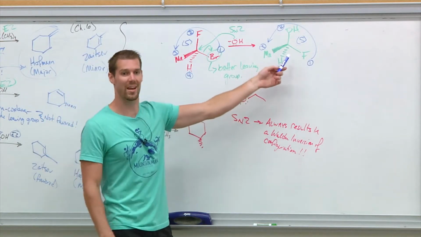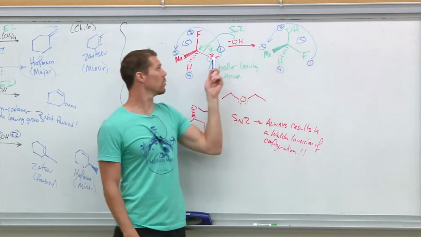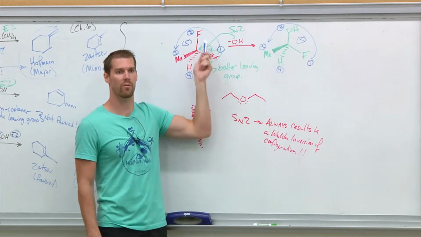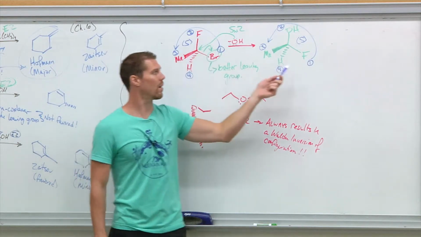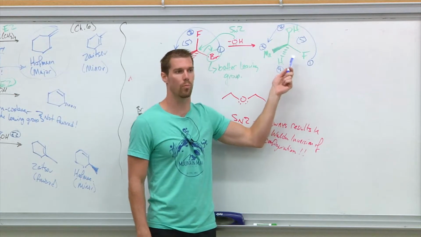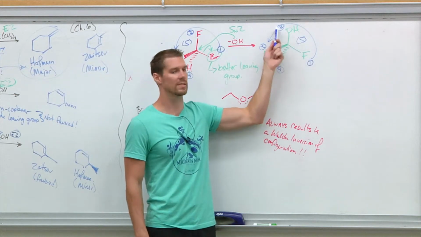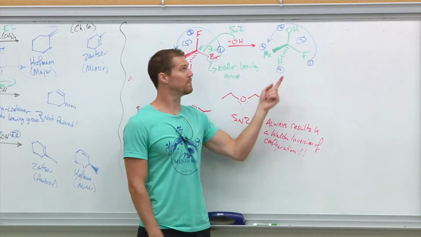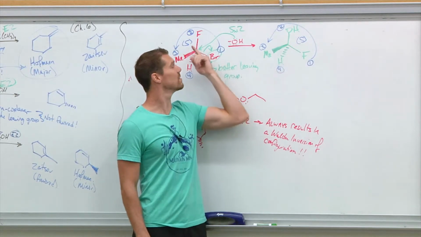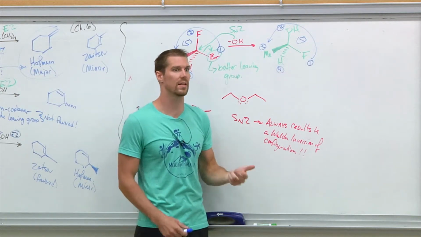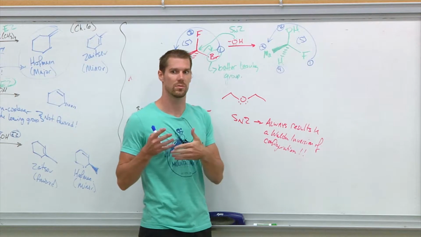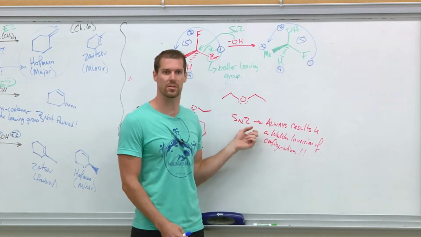The priorities changed. In this one, bromine had a higher priority over fluorine, right? Well, now fluorine has the highest priority, and what replaced the bromine is the lower priority. Just because it's S and S doesn't mean we didn't do our inversion configuration, right?